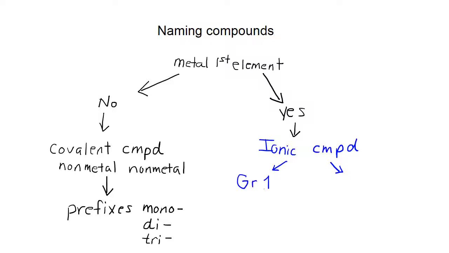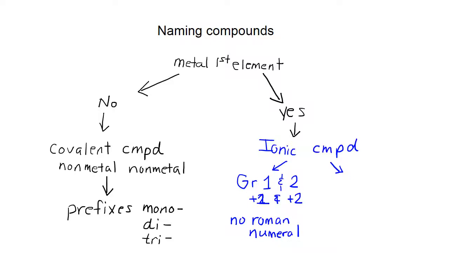For example, group 1 and group 2 metals are always going to have a charge of +1 and +2. So that means no Roman numeral. Okay, so for group 1 and 2 you just name the metal, and then the second part with the -ide if the anion comes from the periodic table, or if it's a polyatomic ion, then you need to look up the name of the polyatomic ion.